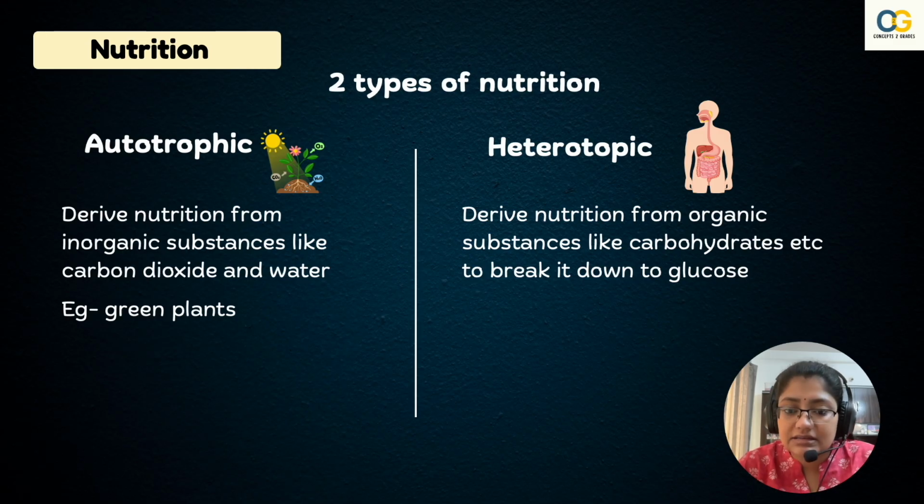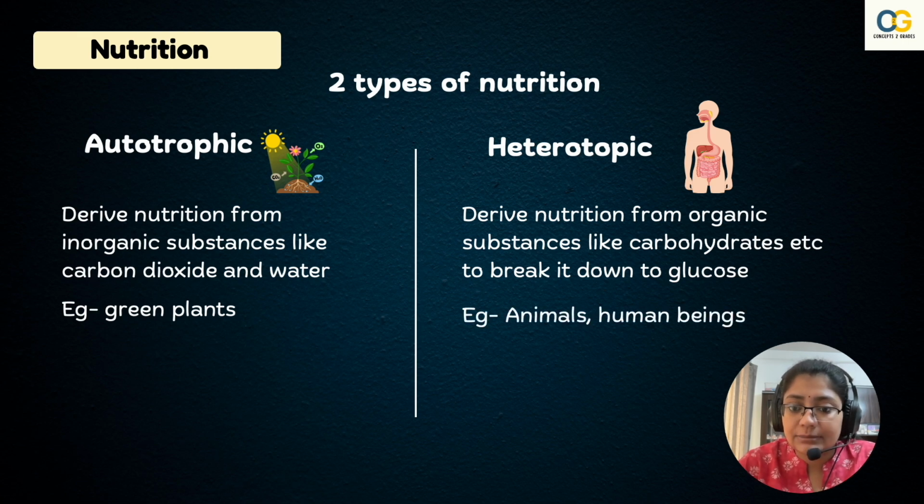Green plants use autotrophic nutrition to gain energy. Similarly, in heterotrophic nutrition, you use organic substances like carbohydrates, proteins, and other complex substances. Once you take them in, you break them down into glucose inside your body. That is how you make glucose. Most animals and human beings are heterotrophic, where we depend on autotrophs for our nutrition.